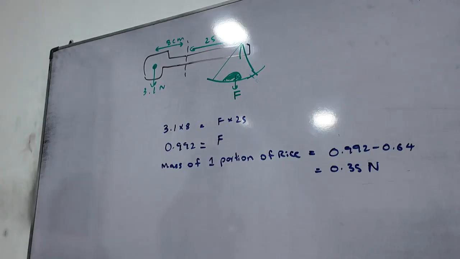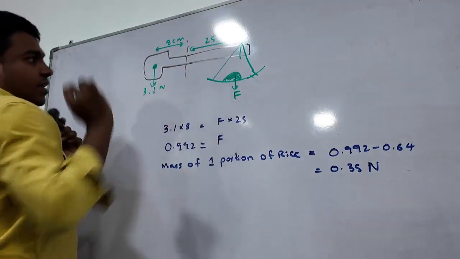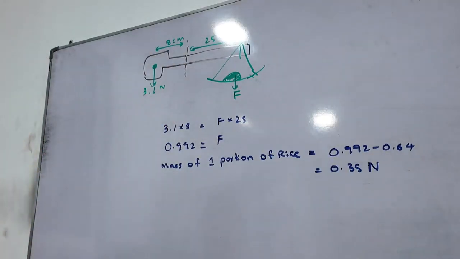Then we need to look at part B now. What are they saying? The dish is moved along the beam so that the horizontal distance from the string to the dish is 7 centimeters. So they have moved this from here to 7 centimeters. I'm gonna do a new drawing then, in a dotted line.